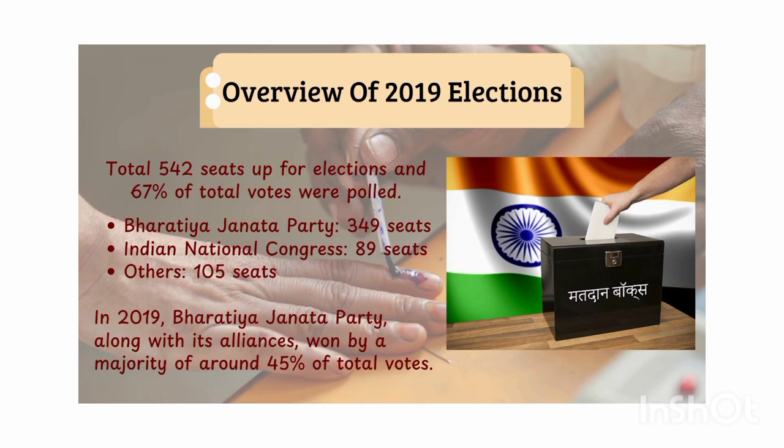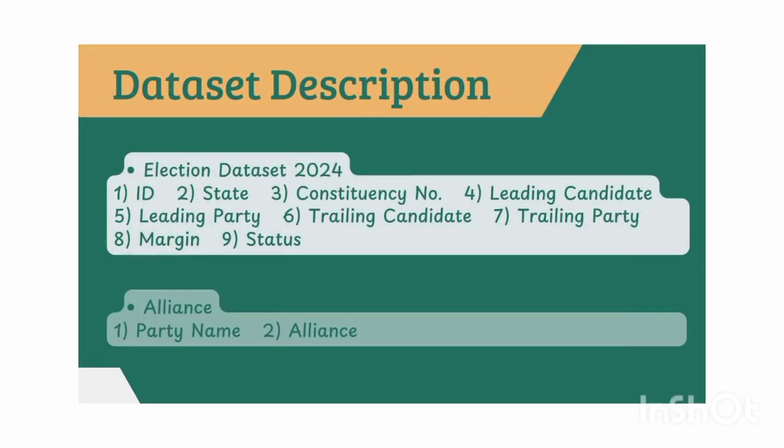The dataset description. For the analysis, we have two tables. The first one is the election dataset 2024 with the details recorded about the current election, and the other dataset is the alliance table, which lets us know which state party is in alliance with which national party or the national alliance.